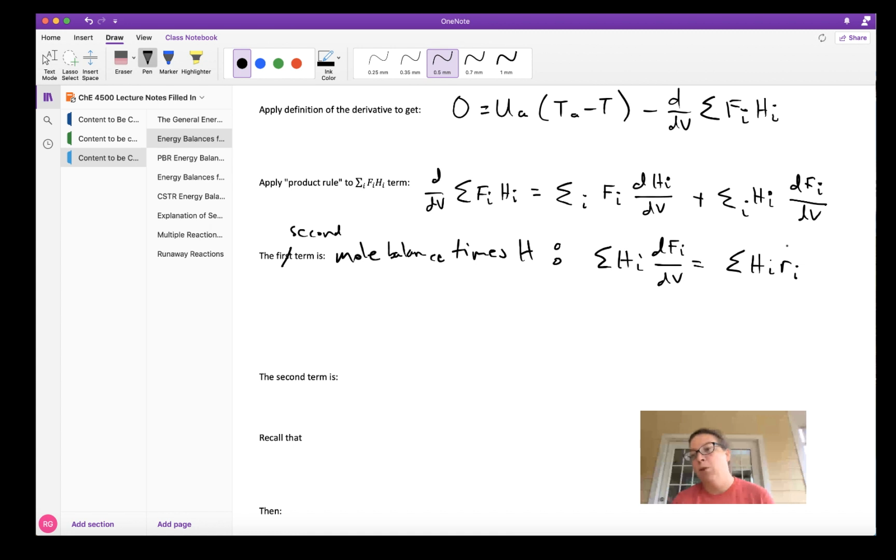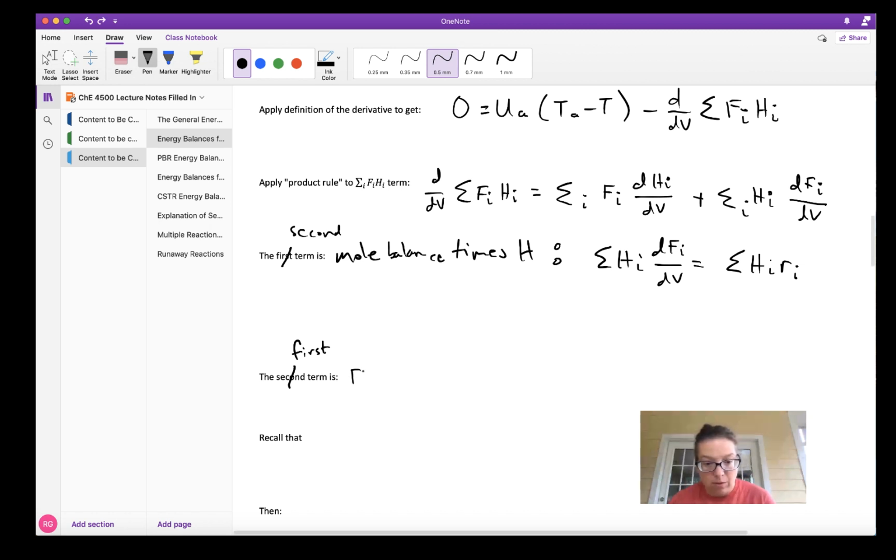If we were to write the mole balance for the tubular reactor, it's dFi/dV equal to Ri. So we can make that substitution. So the first term, that's Fi times dHi/dV.